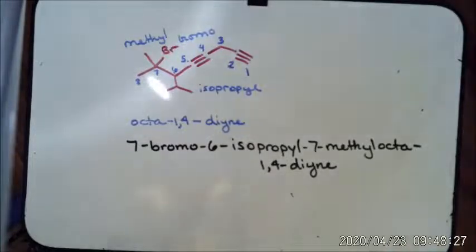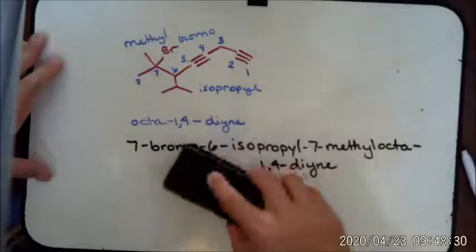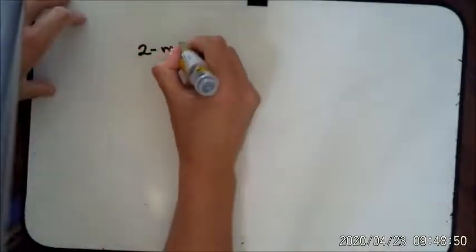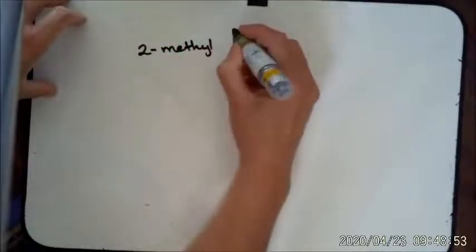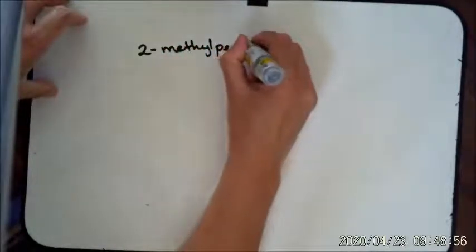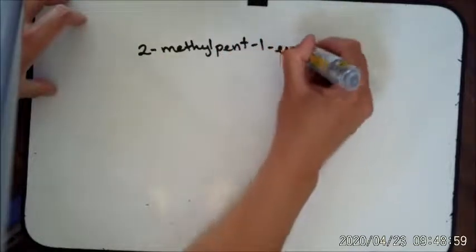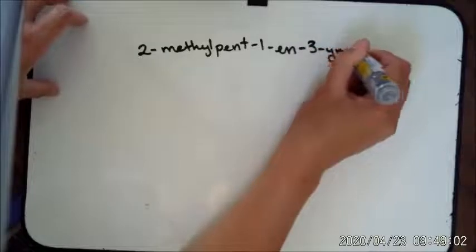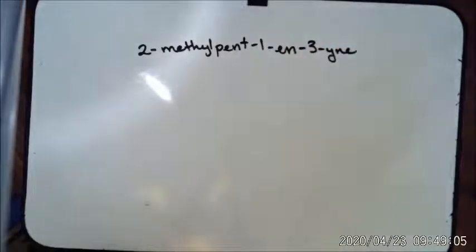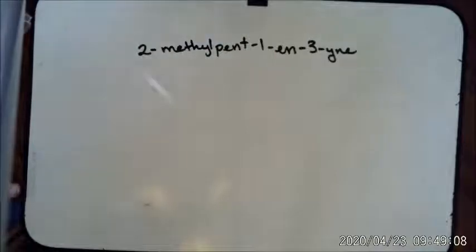If I gave you a name like this one, 2-methylpent-1-ene-3-yne, how would you draw the structure? So you have to follow this.